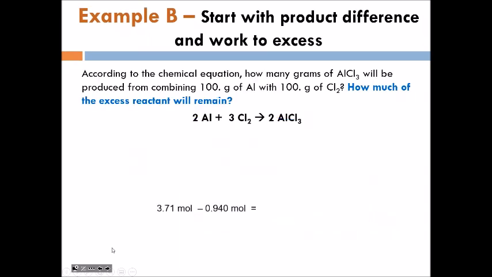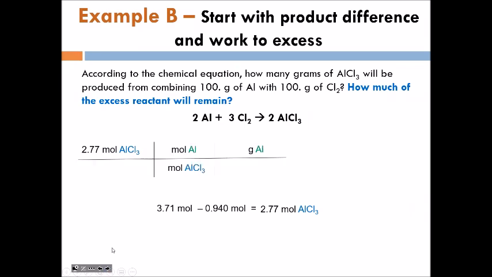So you can see it again, where do the subtraction first. So this way you subtract the products first, then you start your T-chart, like so. Moles of the product working to the moles of the excess reactant. Put in the mole ratio, and we end up here getting the remainder.